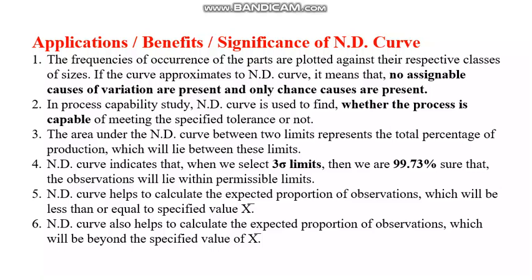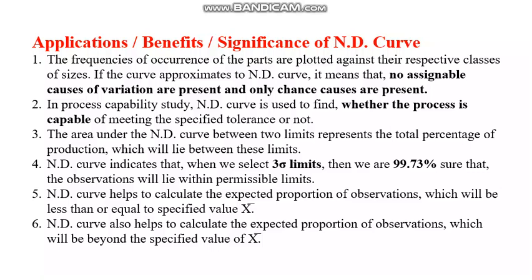So that is the specification with the tolerances. This normal distribution curve is used to find out whether our process, meaning all the machines involved, the materials involved, and workers involved, all those put together in the process, is capable of meeting those specifications.